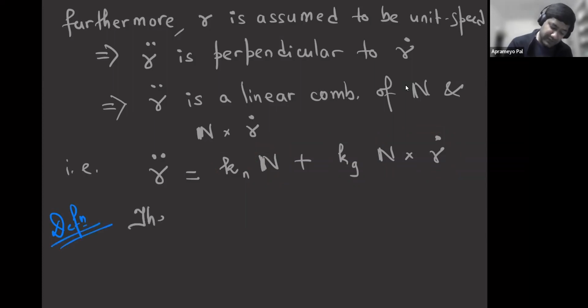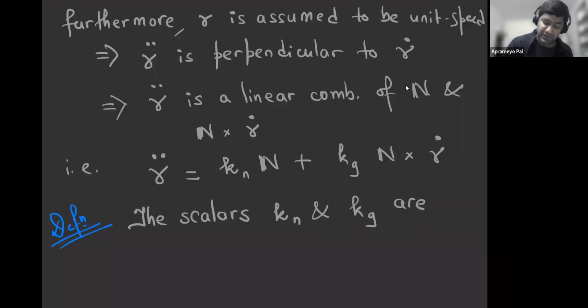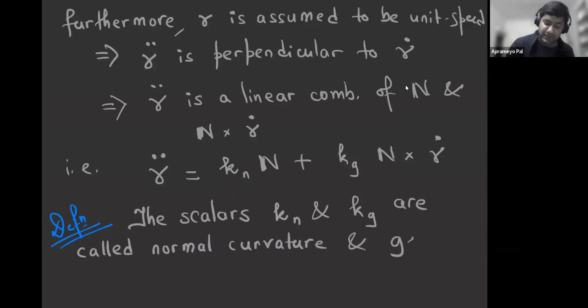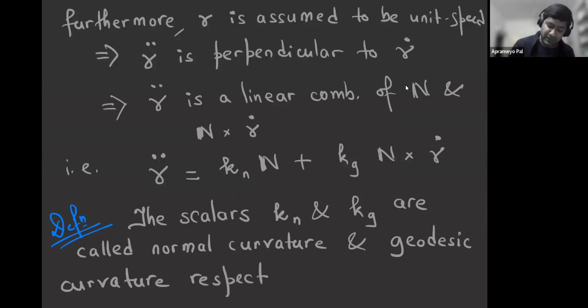So the scalars kappa n and kappa g are called normal curvature and geodesic curvature respectively.